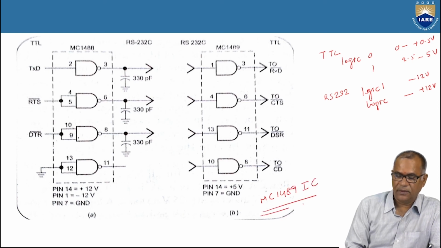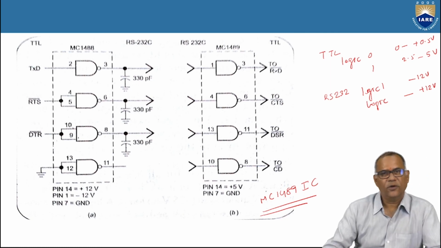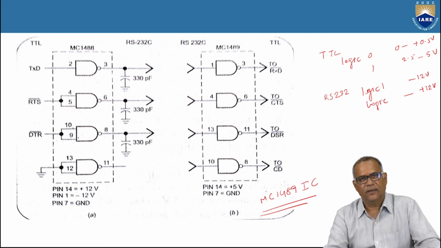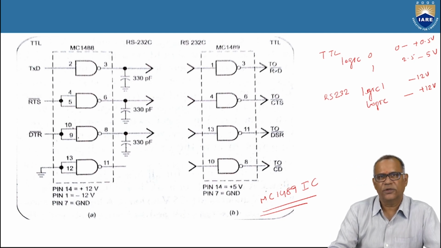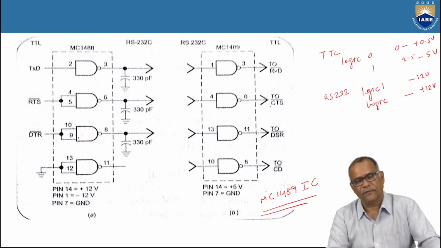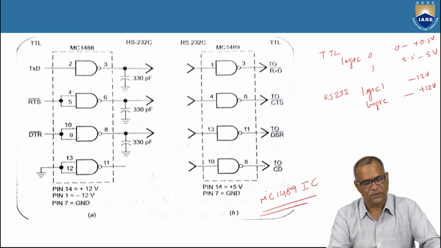This IC converts the RS-232 logic levels to the TTL logic levels, because the microprocessor can interpret only TTL logic. So the RS-232 signals, when received, are converted into TTL logic levels by the MC1489, and finally given to the microprocessor.